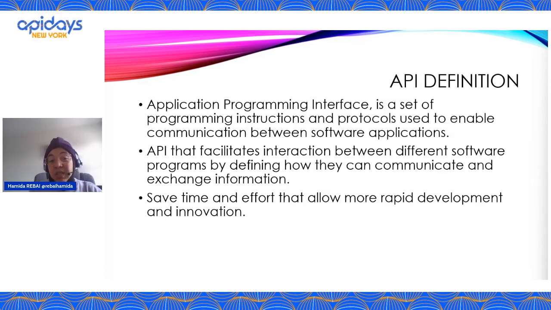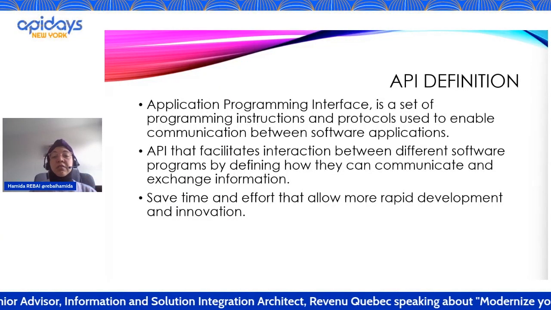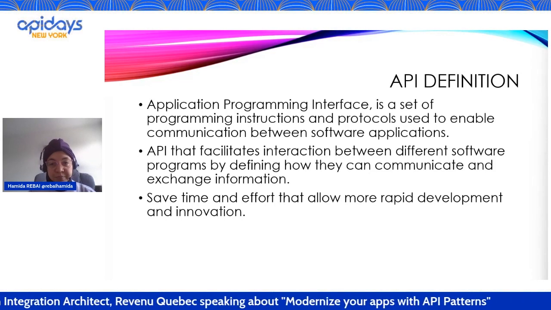So what is an API? API, or Application Programming Interface, is a set of programming structures and protocols used to enable communication between software applications. Essentially, an API acts as an intermediate that facilitates interaction between different software programs by defining how they can communicate and exchange information.